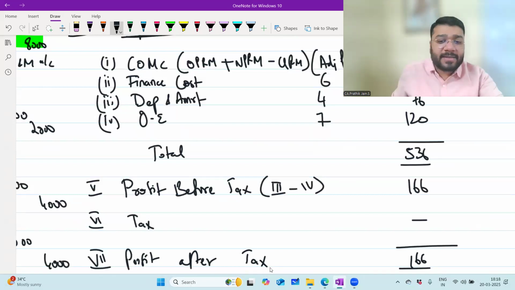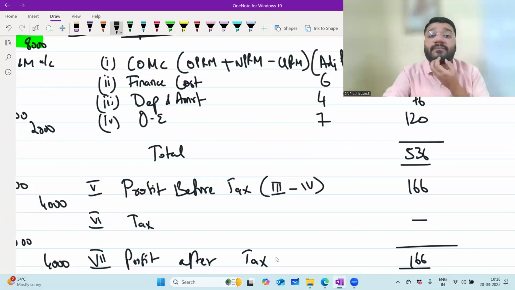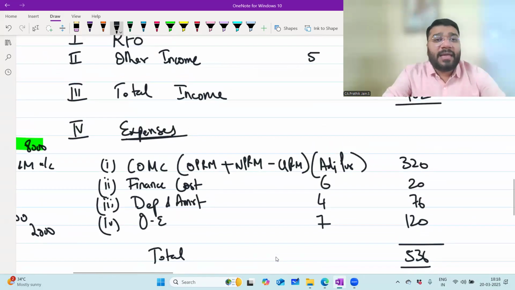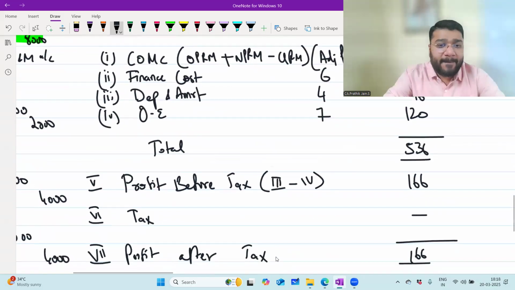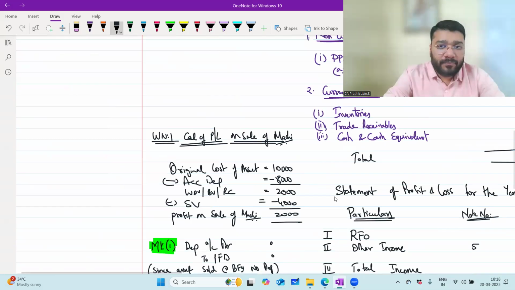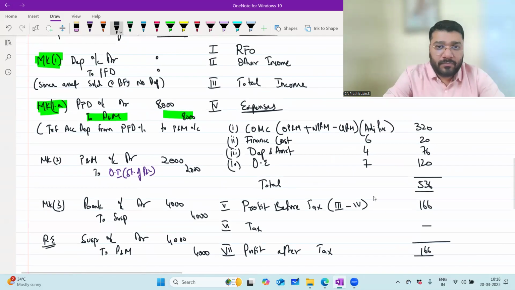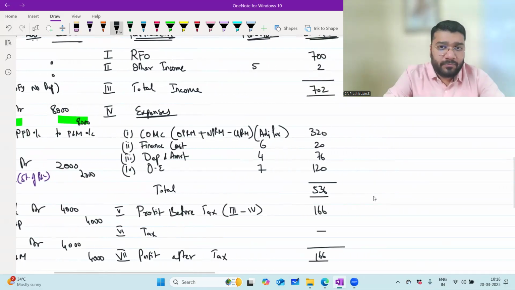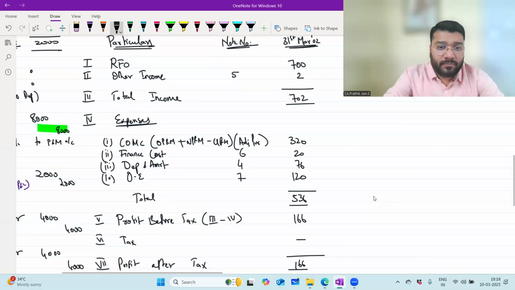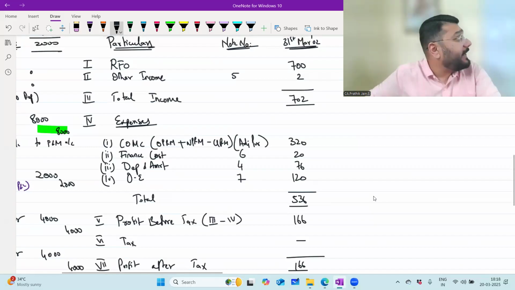Profit after tax. That's all. Can we come back to your balance sheet item? This is an entire P&L.